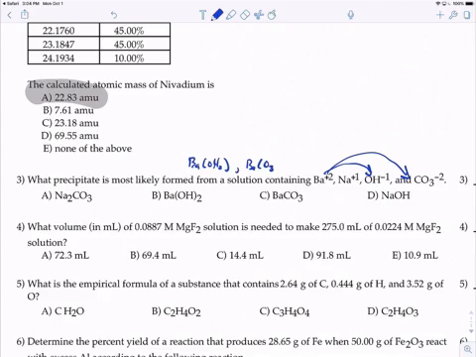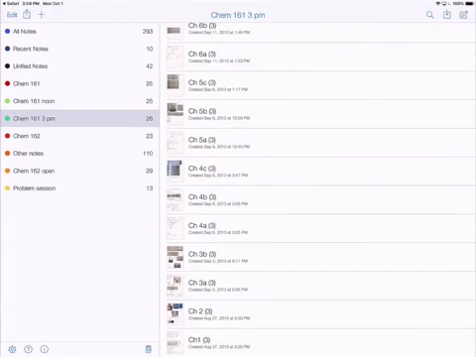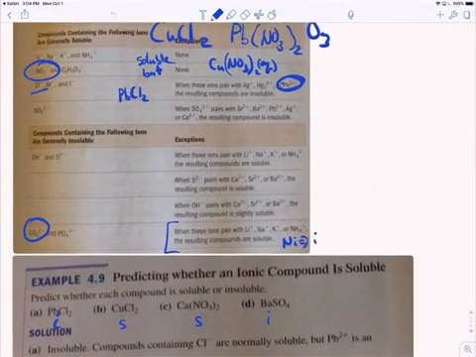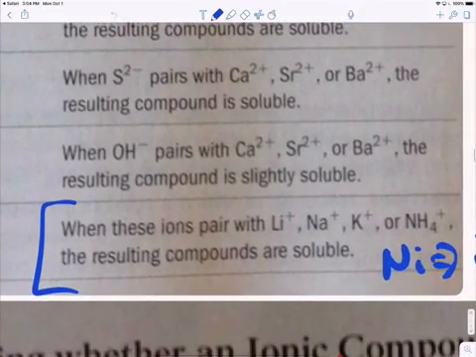And if you look at the chart, it'll say that the hydroxides tend to be insoluble, except for barium hydroxide, slightly soluble, and carbonate is always insoluble with exceptions. Anyways, so these tend to be insoluble.